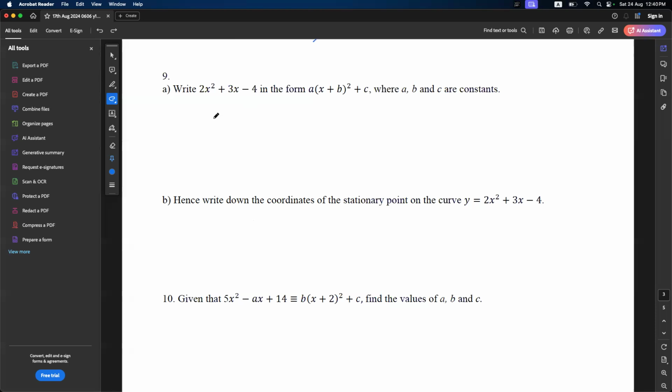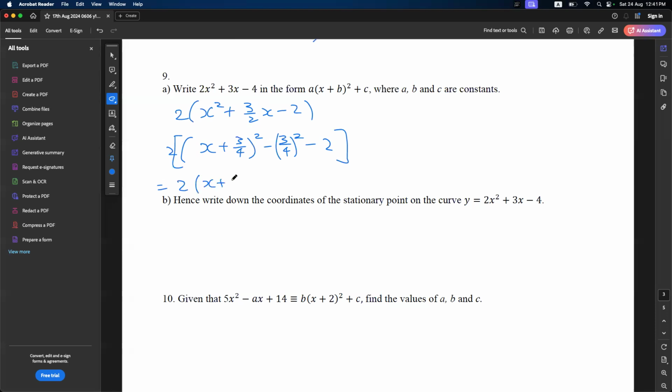Question 9. 2 bracket x squared plus 3 over 2x minus 2. Okay. And then from here, 2 bracket x plus 3 over 4 square minus 3 over 4 square minus 2. Type this into the calculator.